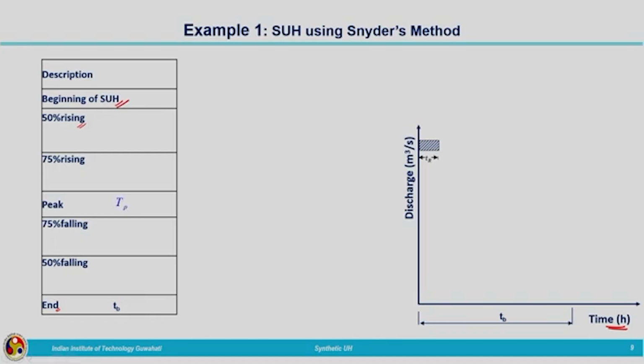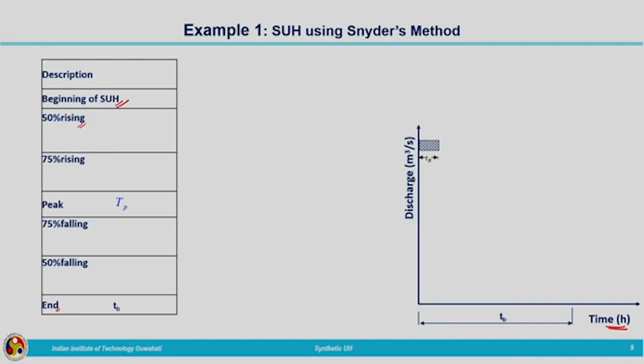Next is TP, the time to peak. We were discussing basin lag, small TP, but here, for plotting the synthetic unit hydrograph, we need the value corresponding to time to peak. How can we calculate that? When we were discussing basin lag, it is the difference between the times corresponding to the centroid of the effective rainfall and the peak of the hydrograph.